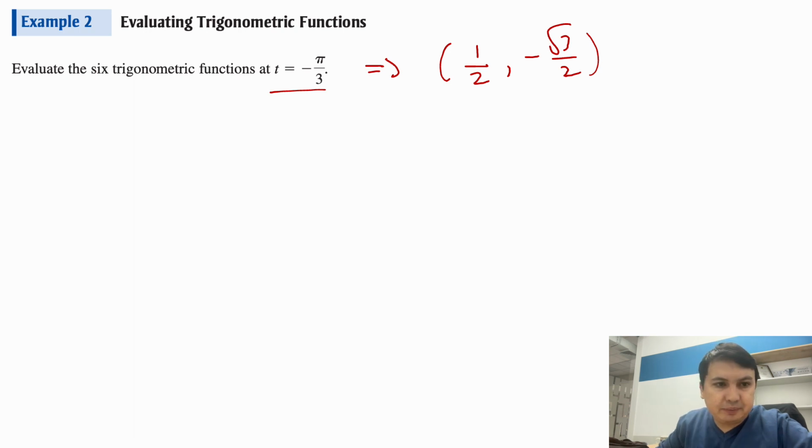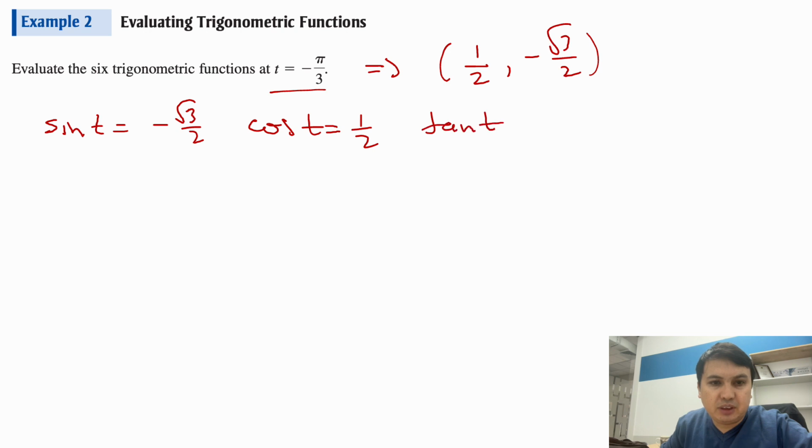So then sine of t, which is just y, is minus square root of 3 over 2. Cosine of t is x, it's 1/2. Tangent of t, that's y over x, so you see minus square root of 3.